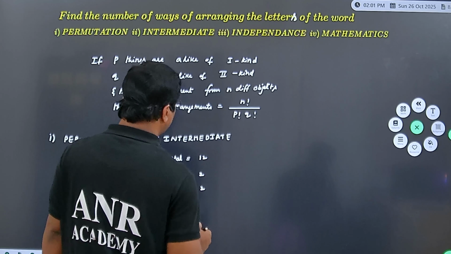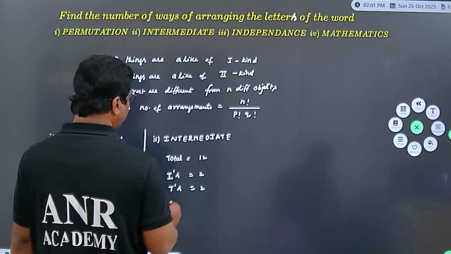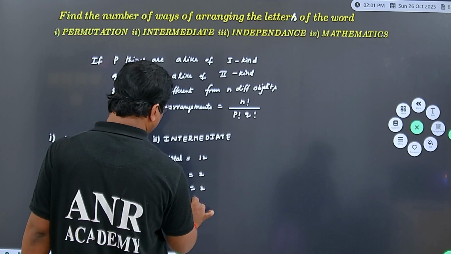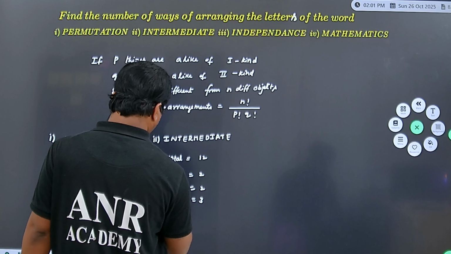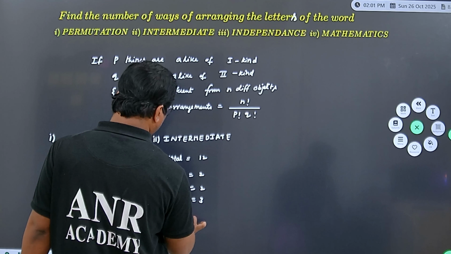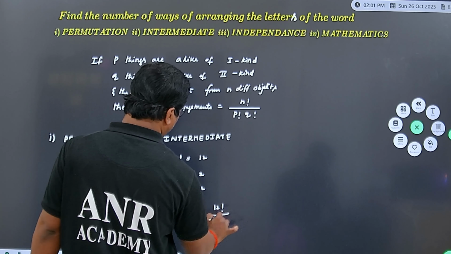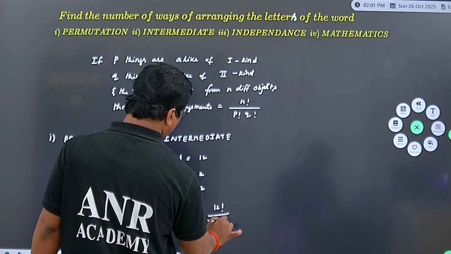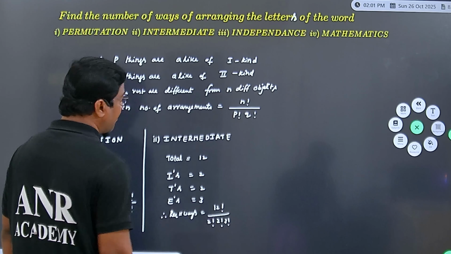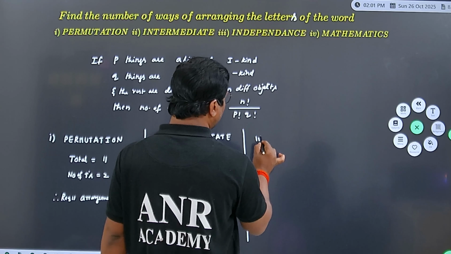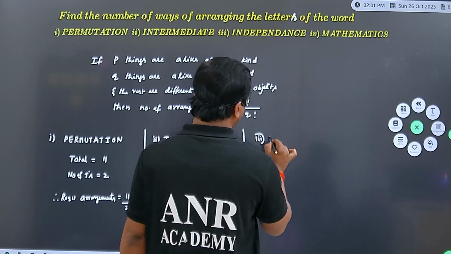Next, number of e's are 3. Therefore required ways 12! by 2! 2! 3! is the answer. Let us move to the next one. Third one, you have independence.